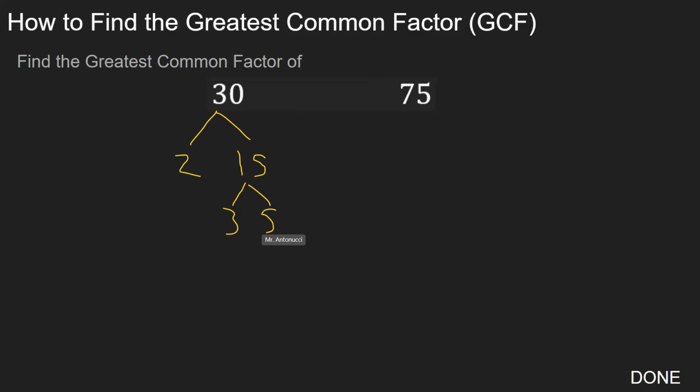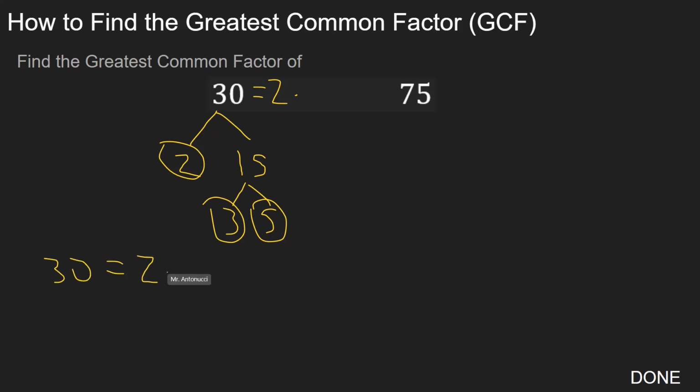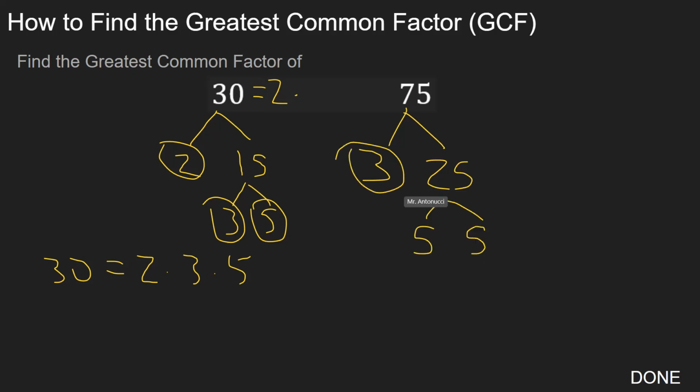So the prime factorization of 30 is, I like to circle the ends of the branches when you get to a prime number, actually, let me write it down here. 30 is 2 times 3 times 5. 75, multiple ways you could do that, but I know 75 cents is 3 quarters, so 3 times 25, and then 25 is 5 times 5. Again, we'll circle the ends here. So 75 is 3 times 5 times 5.